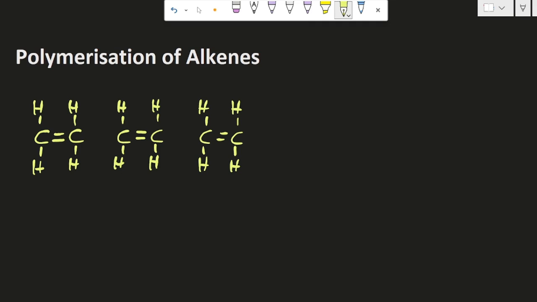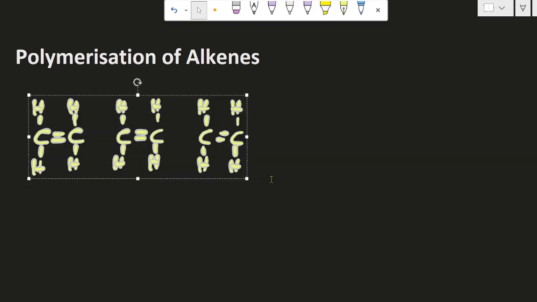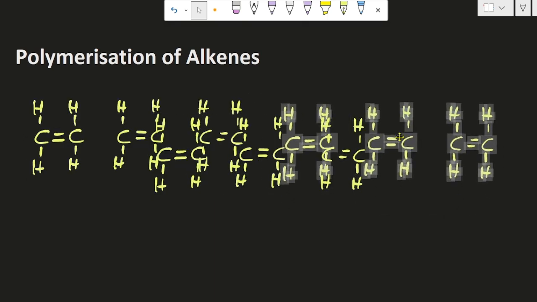This is covered more expansively in another section of the syllabus, but just for completeness, polymerization of alkenes. They ask you two sorts of questions. So the first one is take 3 identical alkenes and polymerize them. That is, join them together.